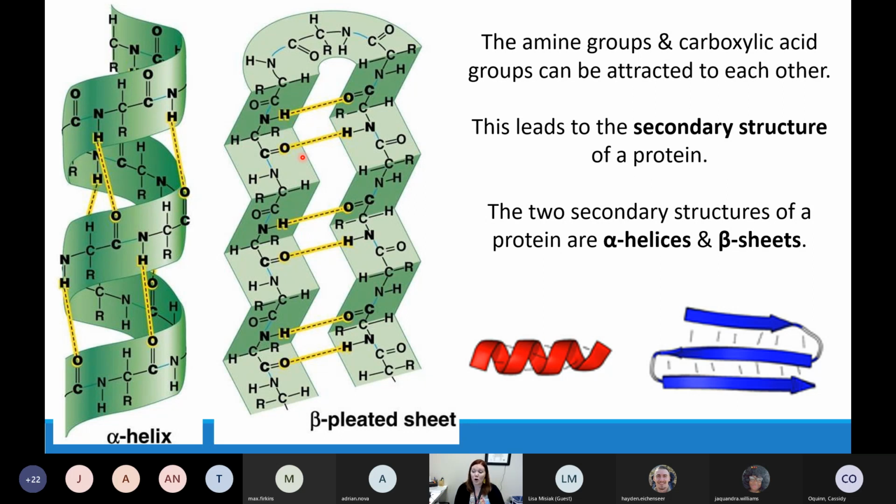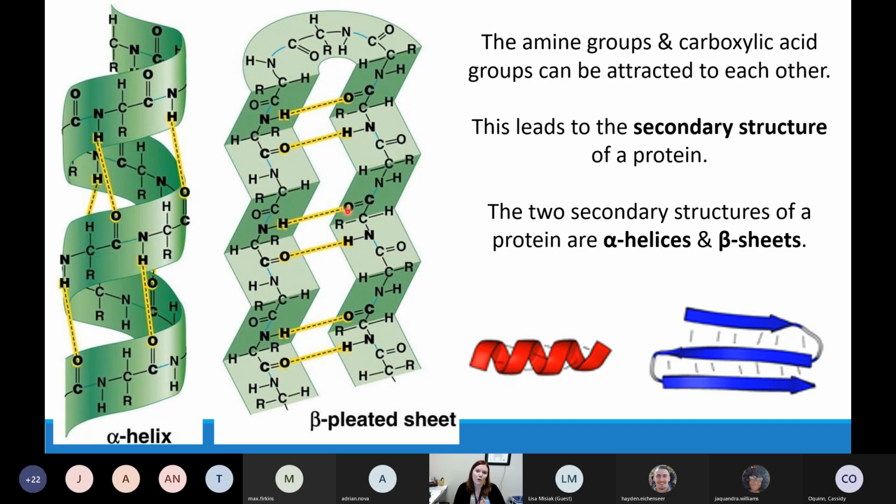Polar covalent bonds are at play in this, but remember that polar covalent bonds are why I build dipoles. So polar covalent bonds means I'm not sharing equally. So if my nitrogen is seeing those electrons more often than my hydrogen is, hydrogen gets a positive dipole. And over here, if my oxygen is seeing the electrons more than my carbon is, my oxygen gets a negative dipole.